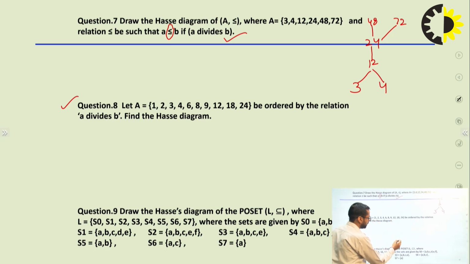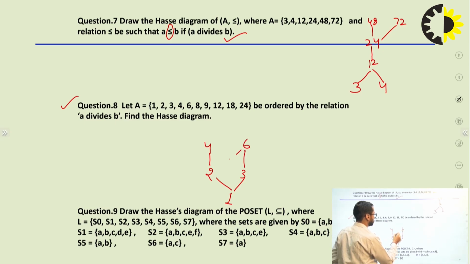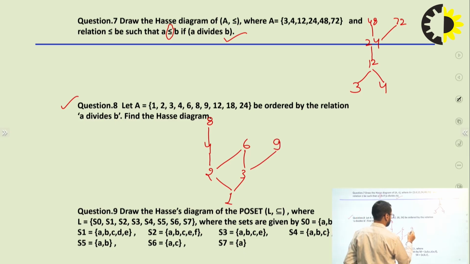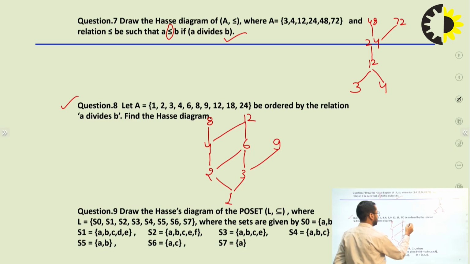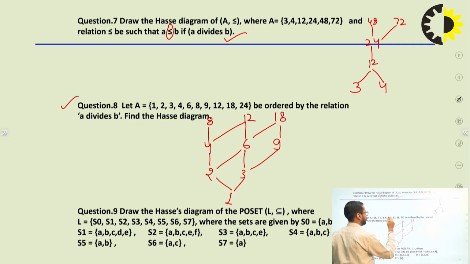Firstly, we take the element 1 here, then 2 and 3 will be placed here, then 4 will be placed here, then 6, then 8, then the value 9, then 12, then 18, then 24.